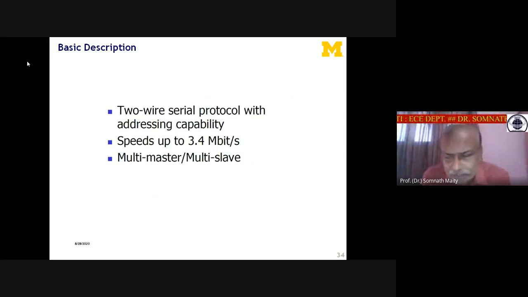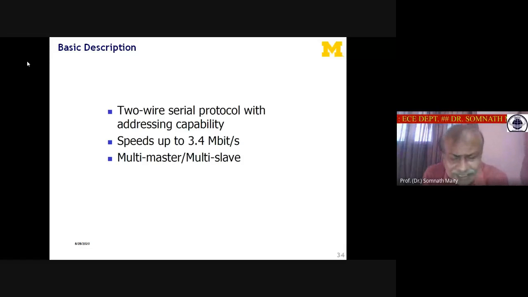Why is addressing capability required? Because transferring data means the microcontroller is sending some data, or writing some data to memory or a port or any system, and receiving data means reading data from external devices.